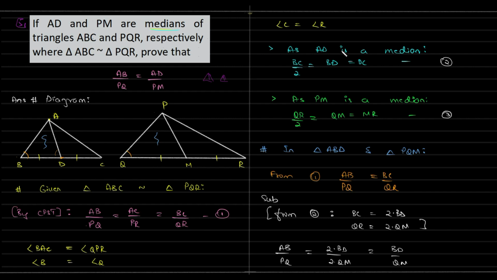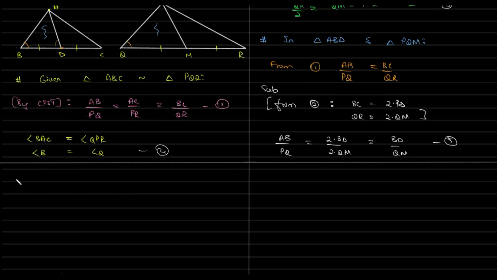So we have the sides. We call this equation 4. So from 4 and 5, we have the answer. Therefore, from 4 and 5, by SAS similarity criteria, triangle ABD is similar to triangle PQM, right?